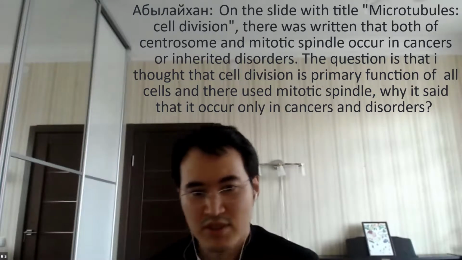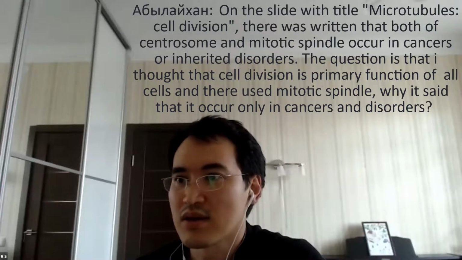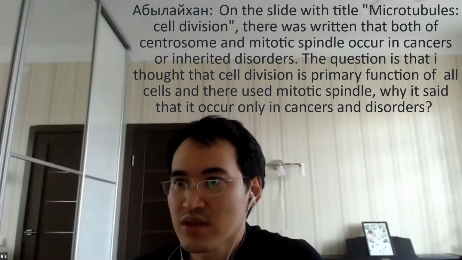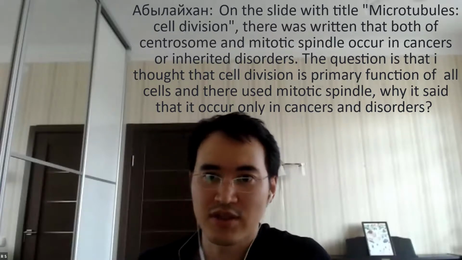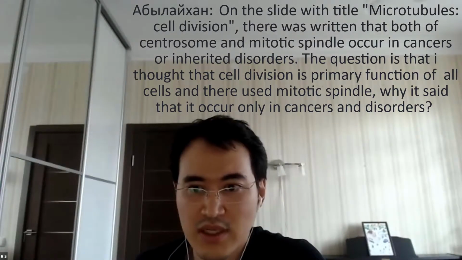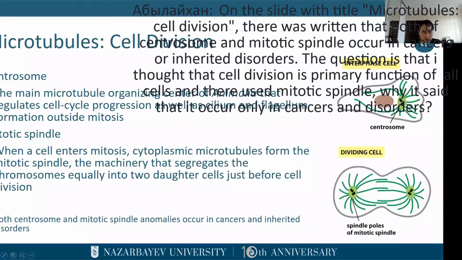No. The problem is that the anomalies of mitotic spindle and centrosome occur in cancer and genetic disorders. Abayhan, if you look at this slide, here you can see centrosome and mitotic spindle anomalies, and this is a problem.